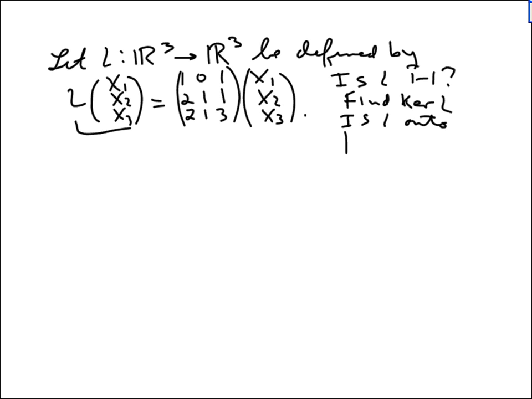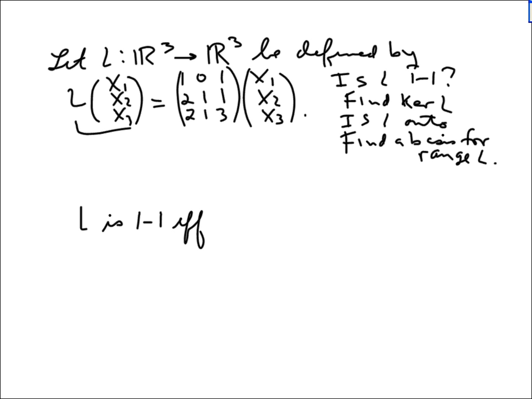We want to find a basis for the range of L. Now, L is 1-to-1 if and only if the kernel of L is just the zero vector.